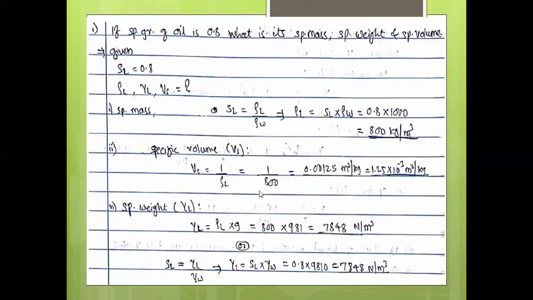Write down the problem. If the specific gravity of oil is 0.8, what is the specific mass or the mass density, weight density, and specific volume? This is the problem.